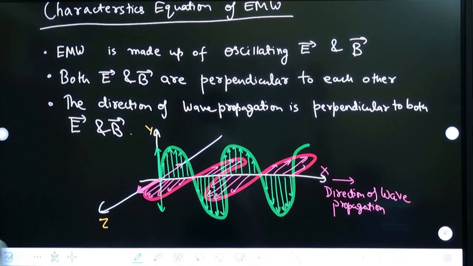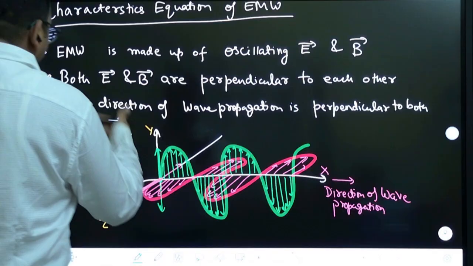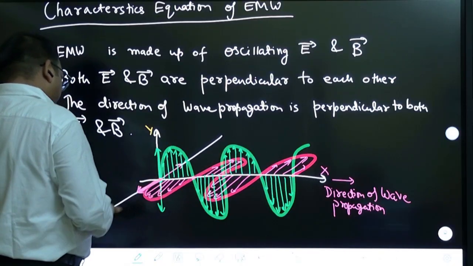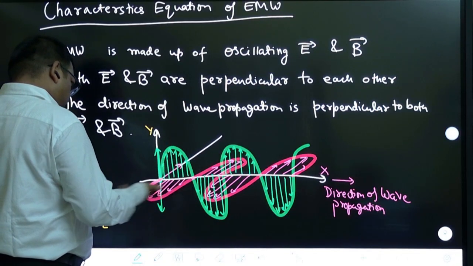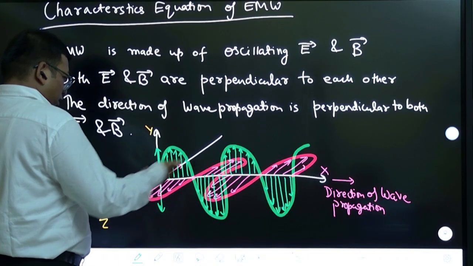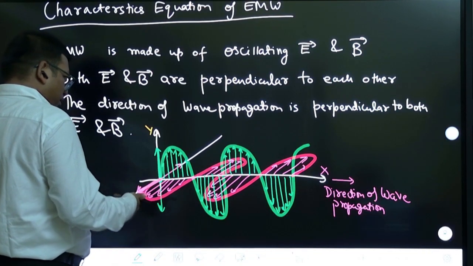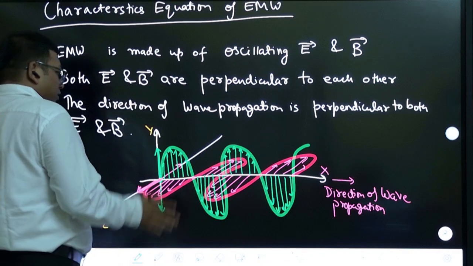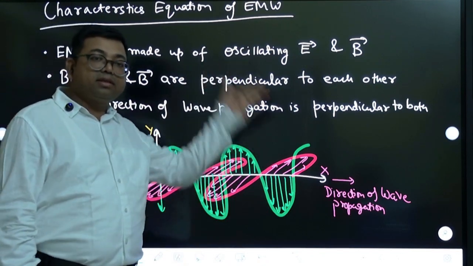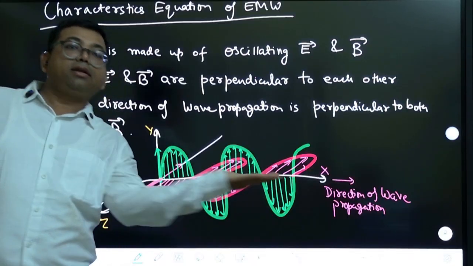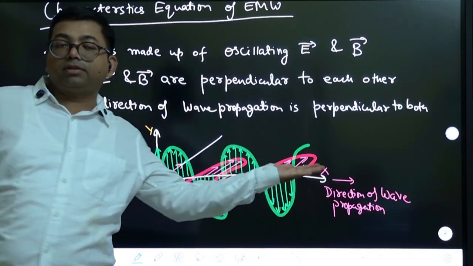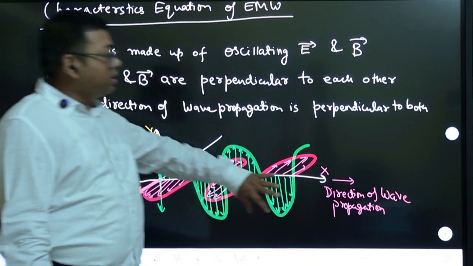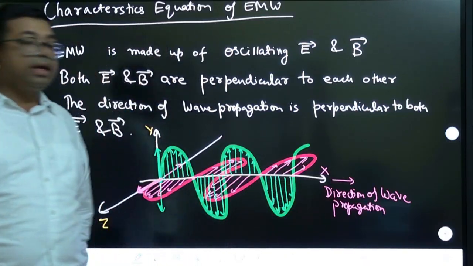So the electric field oscillates in the xy plane, which is like a vertical plane, and the magnetic field oscillates in the xz plane, which is the horizontal plane. The direction of wave propagation is along the x-axis.